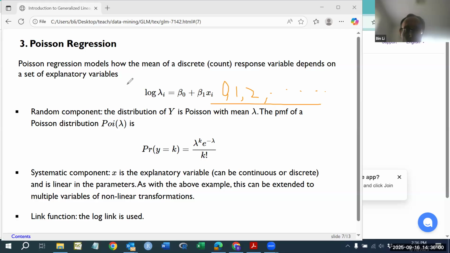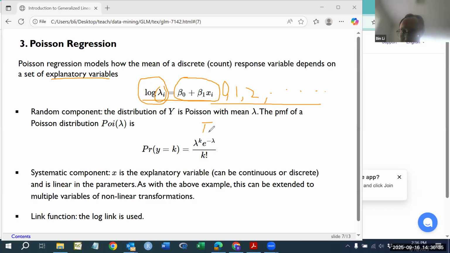In Poisson regression, we want to find out how the mean of a count depends on a set of explanatory variables. This side is the systematic component, a linear function, and this is the link function, which is a log link. It's not logit, it's a log link. And what is lambda, you may ask?